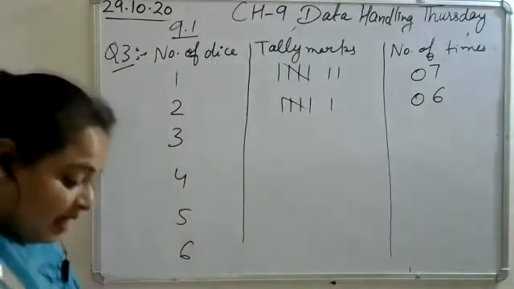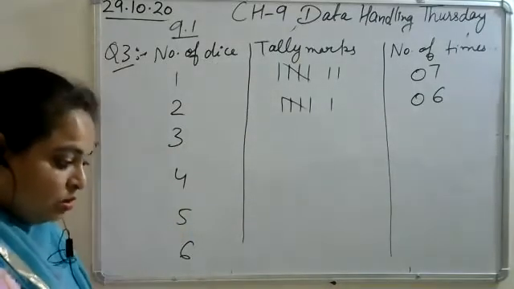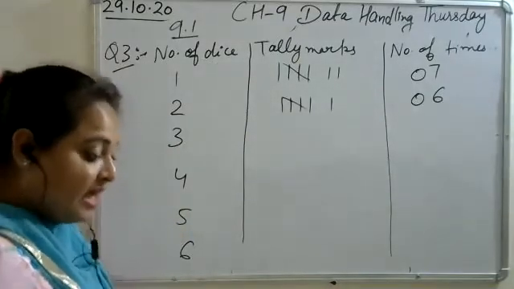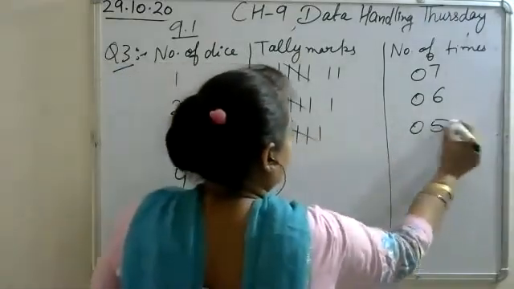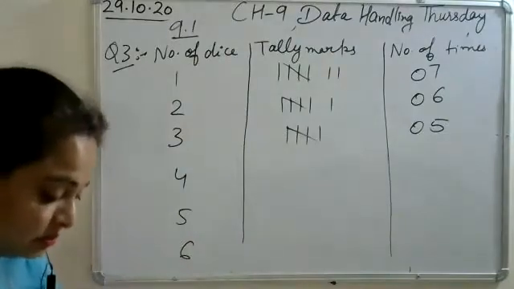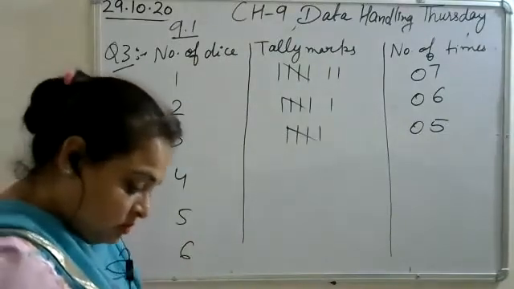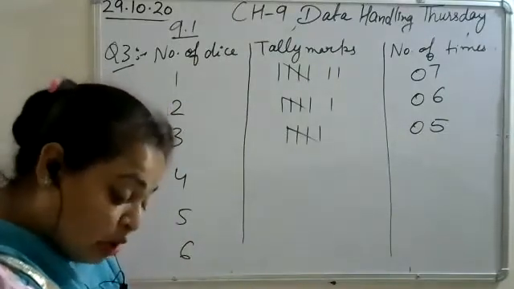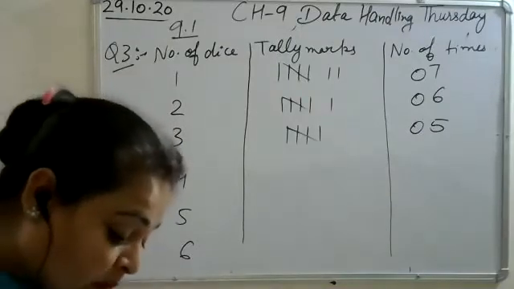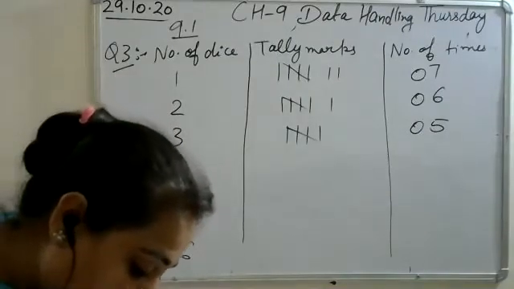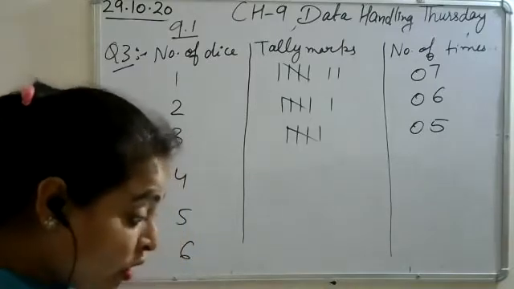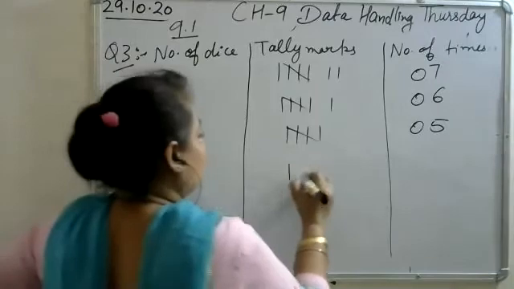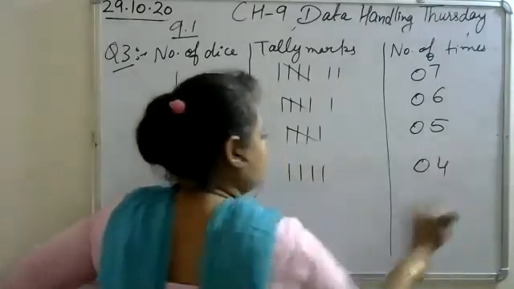Now 3 will? 5 times, yes. 4 will? Now check the counting of 4 from the table. 1, 2, 3, 4. 4 times.